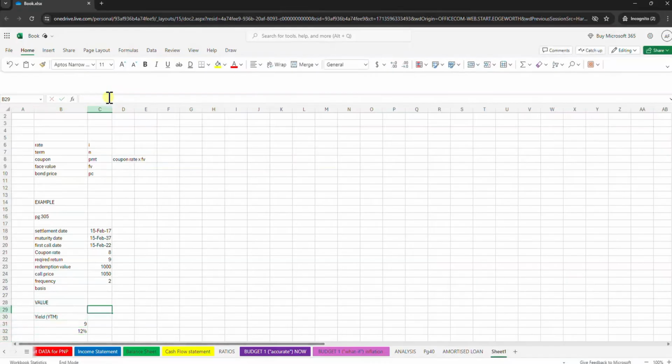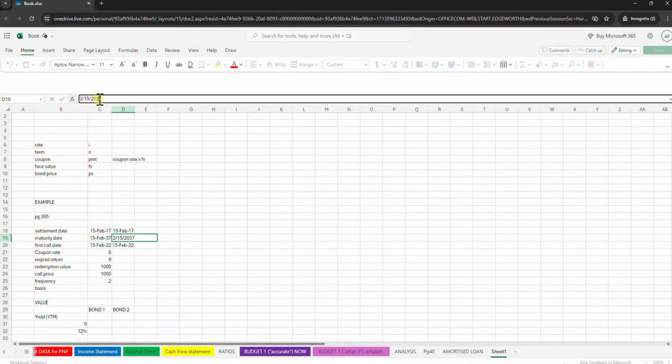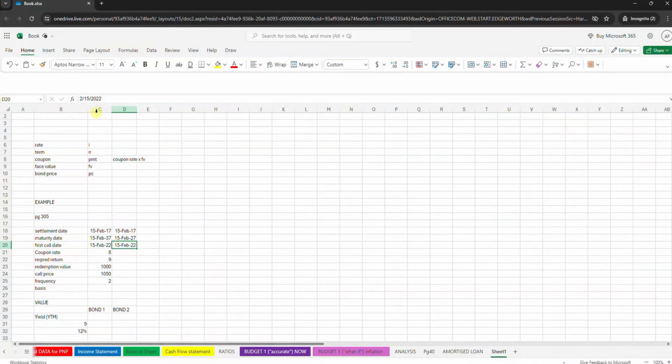Okay, and then they want you to calculate these two bonds using the information. Do I have the same information here? Yeah, except the dates are a bit different. This is a 10-year bond, 2027. Everything else is the same, yes. Okay.